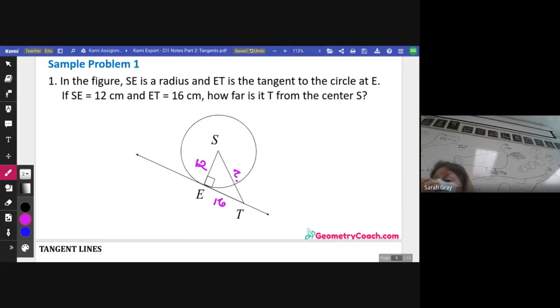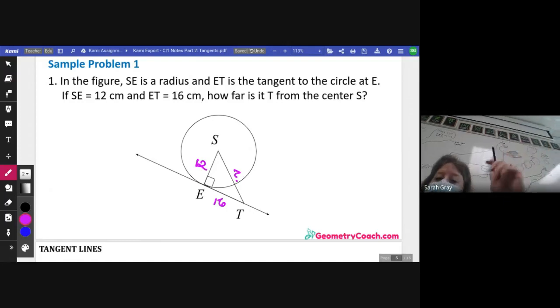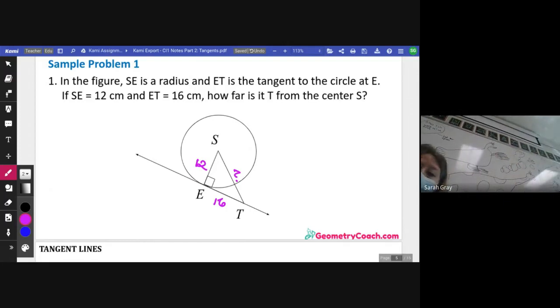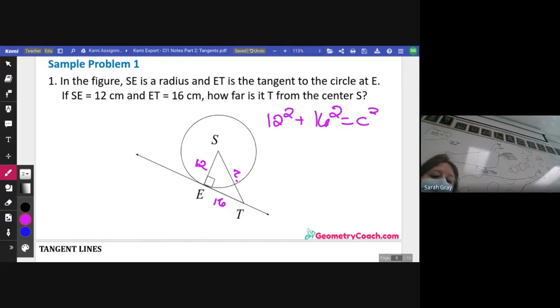How do we find it? Pythagorean theorem. Where does the 12 go? A. Where does the 16 go? Good. Because the C, the side that we don't know, is the long side.